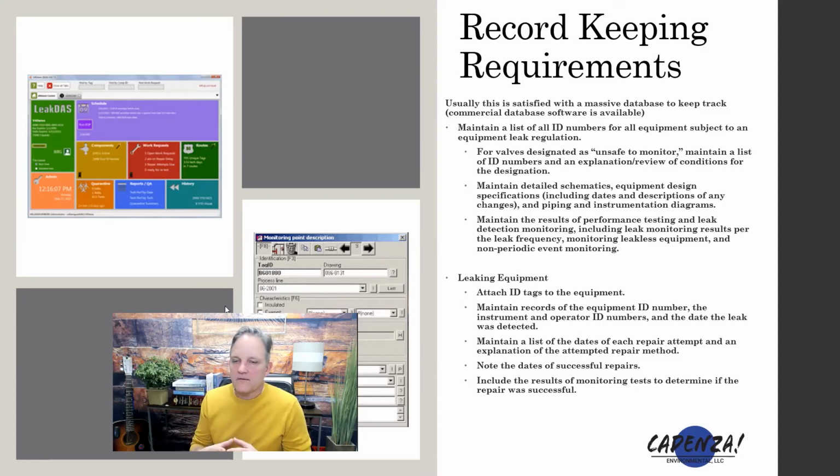You have to maintain a list of the dates of the repairs or the attempts of repairs for each one of these situations. You have to note the dates of successful repairs, and you have to keep track of and include the results of the monitoring test to determine if the repair was successful or not. So again, you have to keep track of all of this, and there are massive commercially available databases. You can use other ways of doing it as well to determine whether or not you have satisfied all that.